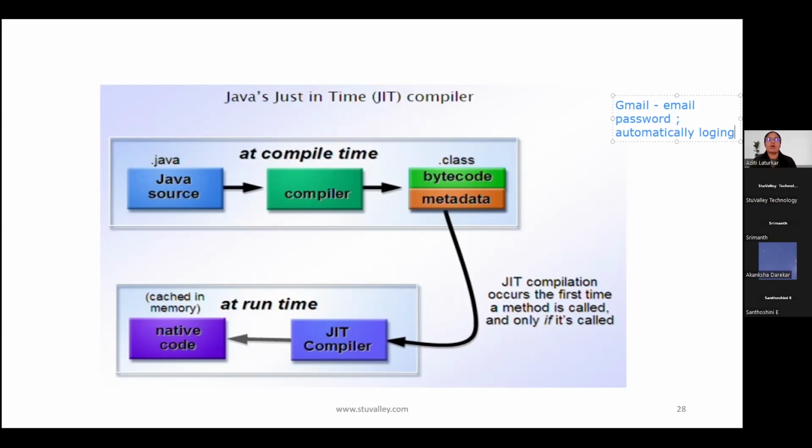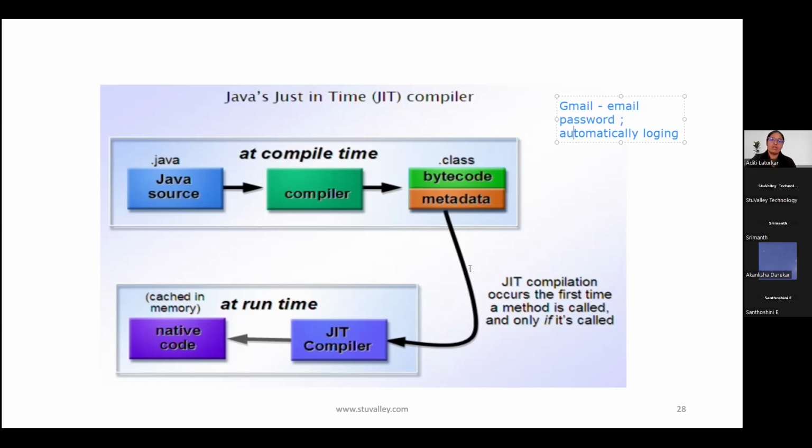So the automatic login process is done. How is it done? Because you have stored this email and password. So whenever you're opening gmail.com, it will automatically log you in with your details. Similarly, why? Because this data is stored somewhere in your system, right? It can be in cache memory, it can be anywhere in your system. But similarly, this is also done.